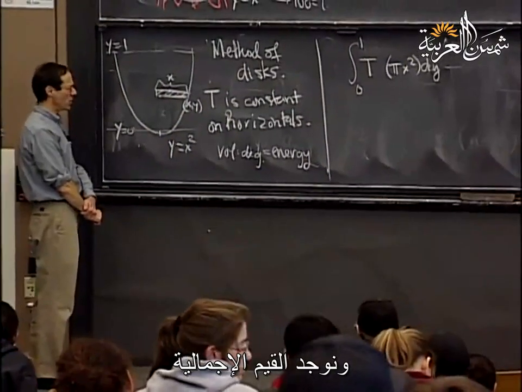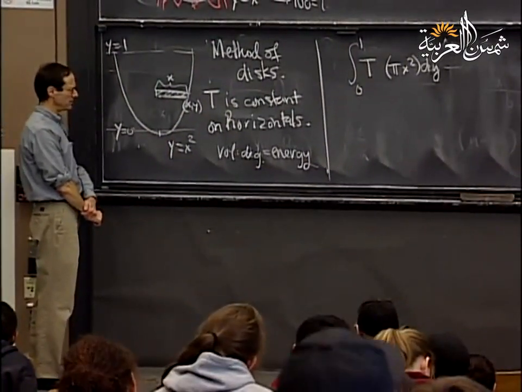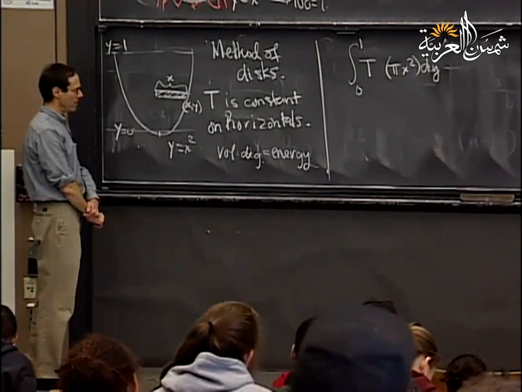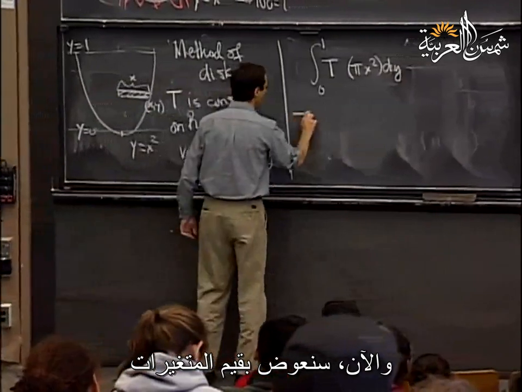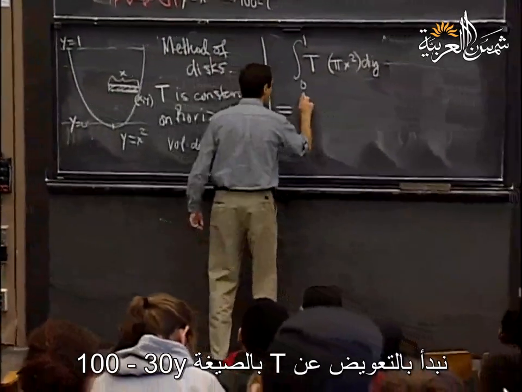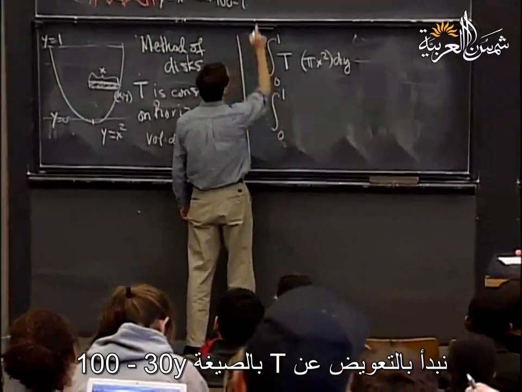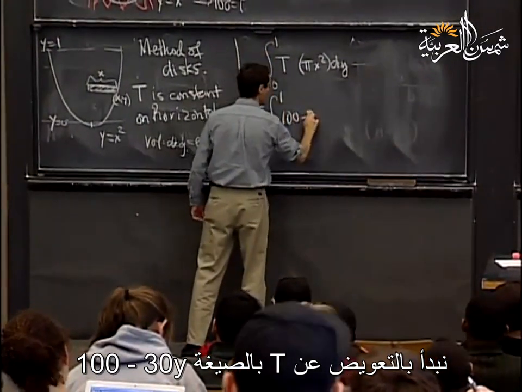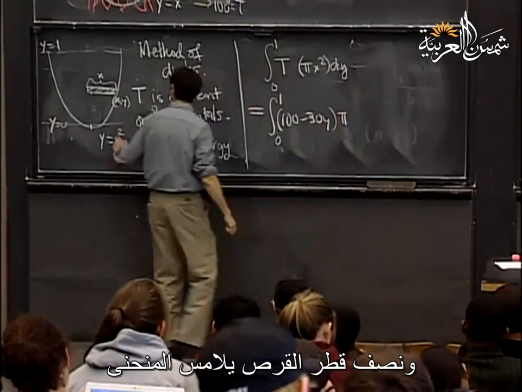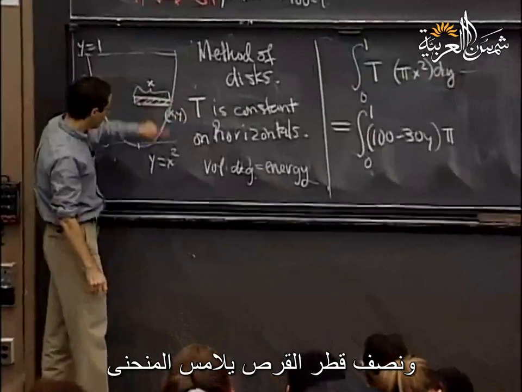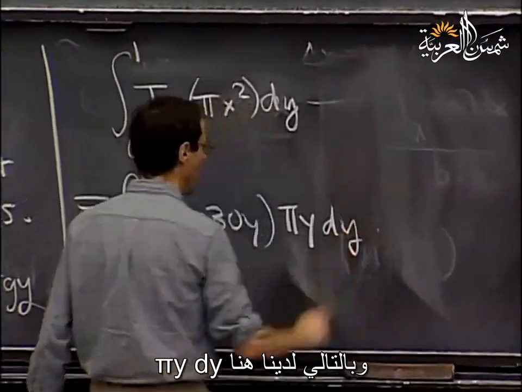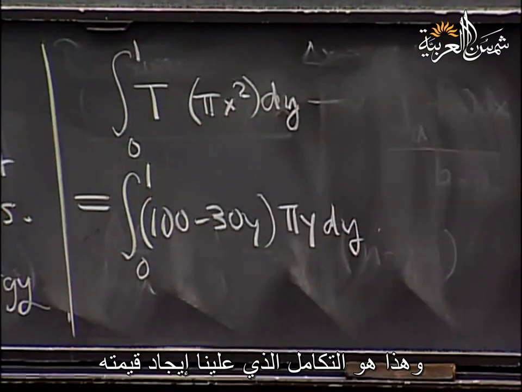We're just adding up the total. Now I'm just going to plug in the various values. T, again, is 100 minus 30y. And this radius is measured up to this very end, so x squared is y. So this is pi y dy. And this is the integral that we'll be able to evaluate.